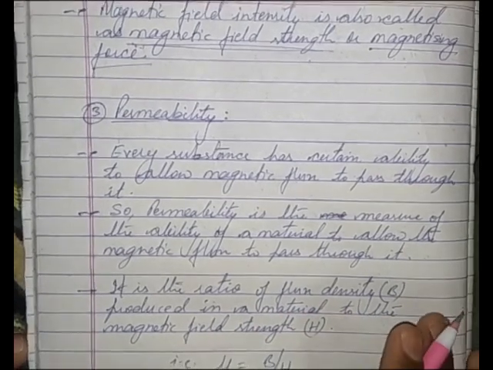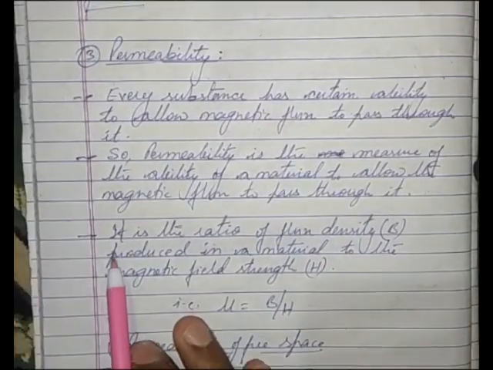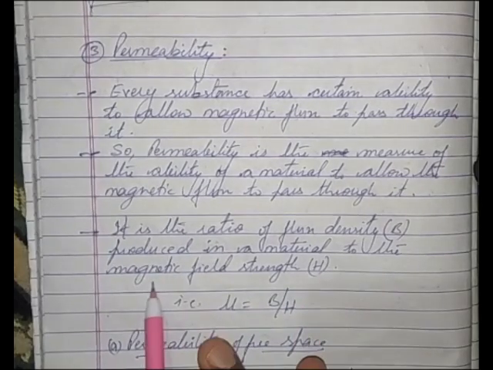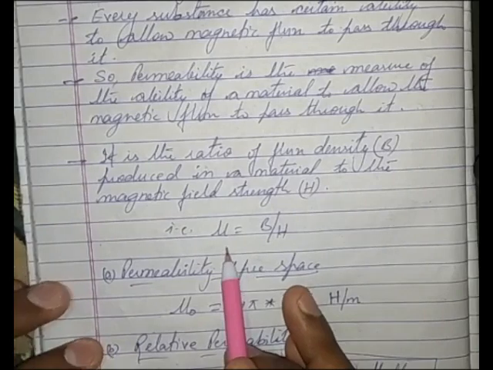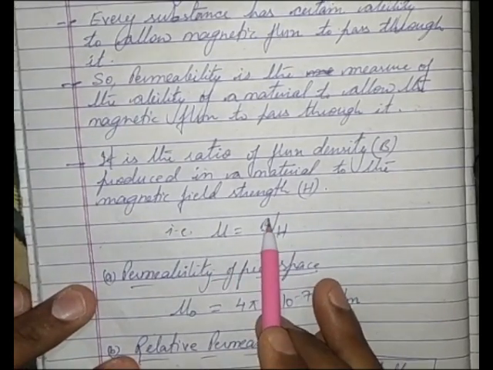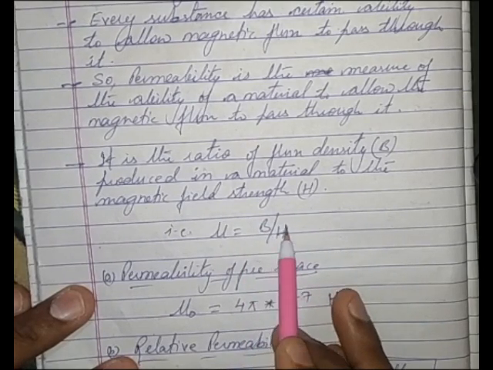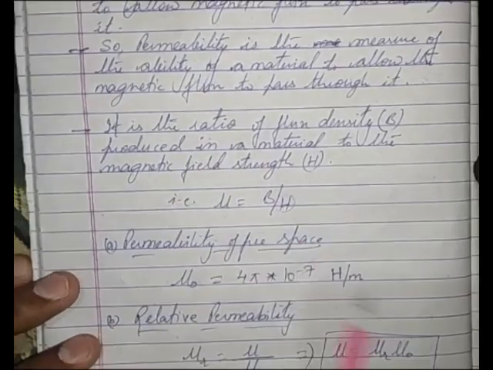It can be calculated as the ratio of flux density produced in a material to the magnetic field strength. It is denoted by mu, which is equal to B by H. B is magnetic flux density, and H is magnetic field intensity or magnetic field strength.